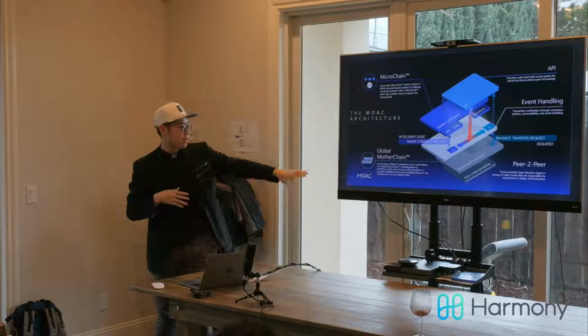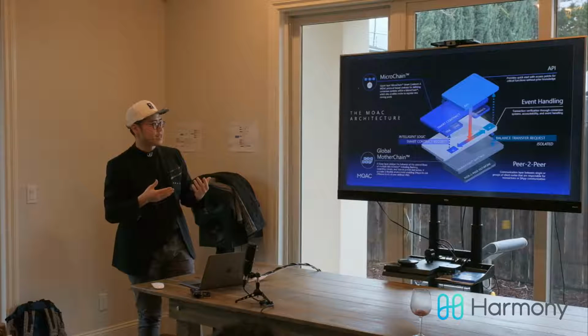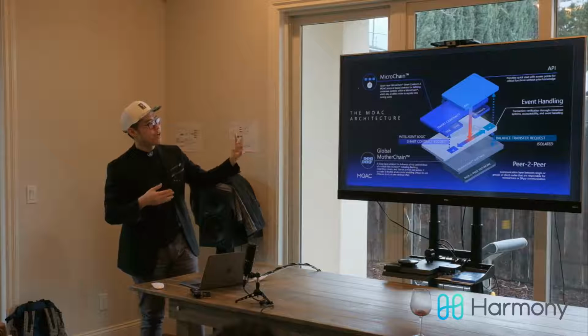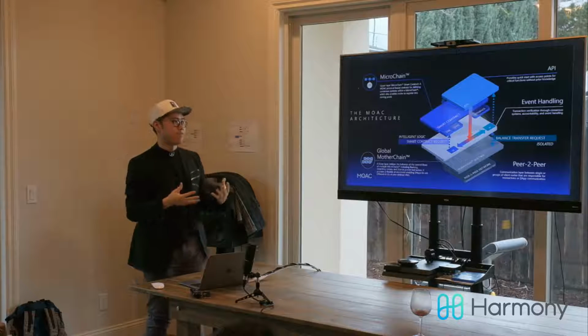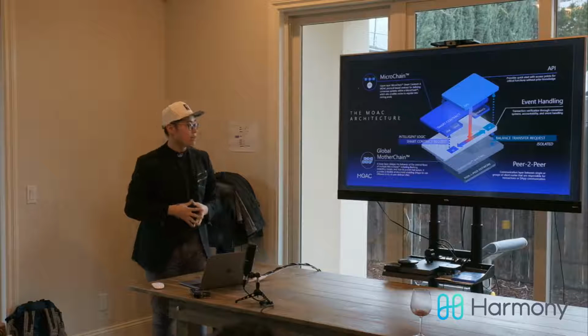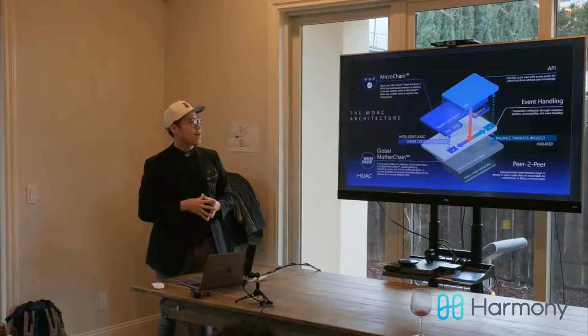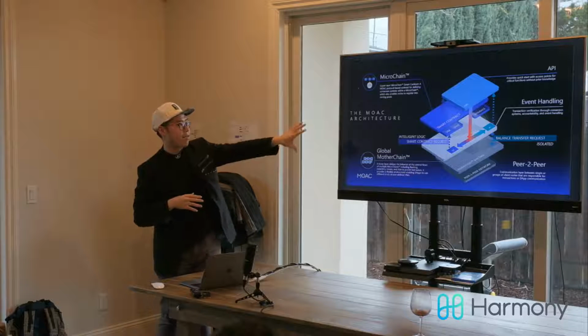On the bottom layer, we call that the mother chain. If it's smart contract processing, it goes up to the upper layer, where we have the Ethereum virtual machine. So we make it Ethereum compatible. We are just using the Ethereum virtual machine at this point, and we handle it on the upper layer.